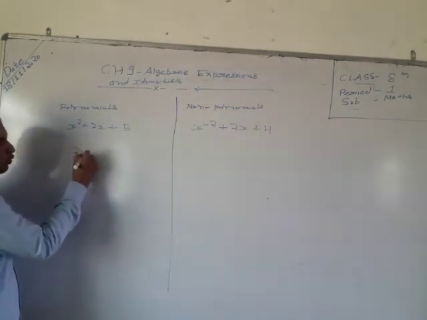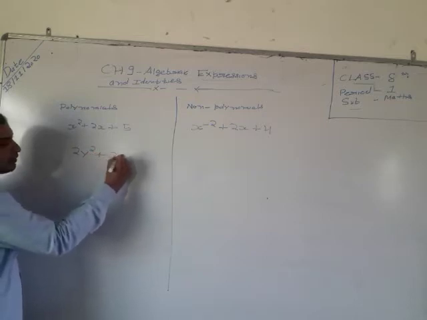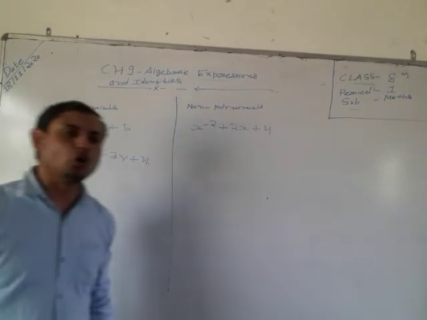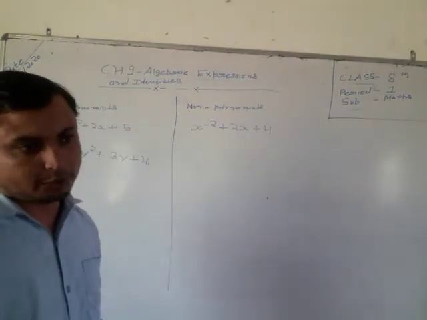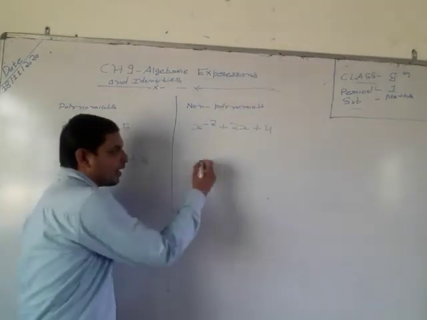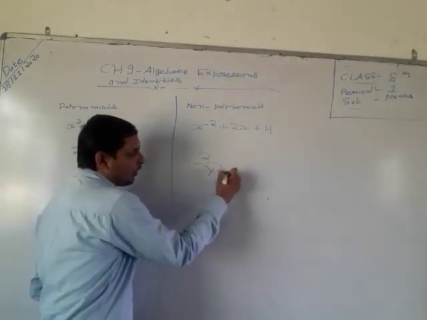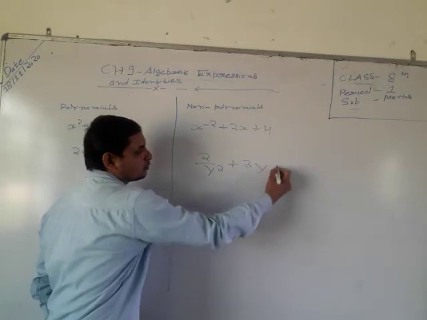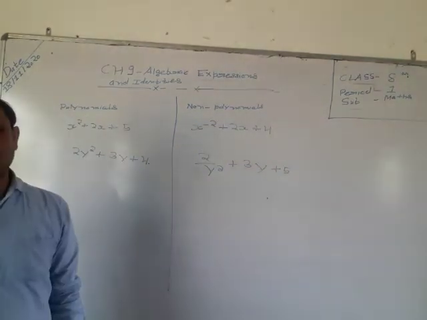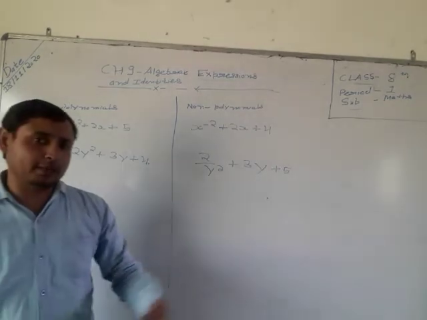So I am going to write 2y square plus 3y plus 4. You can see a combination of constants and variables and their exponents is called an algebraic expression, and this is the combination. And I am going to write 2 upon y square. Is this a polynomial? This is not a polynomial because the variable is in the denominator.